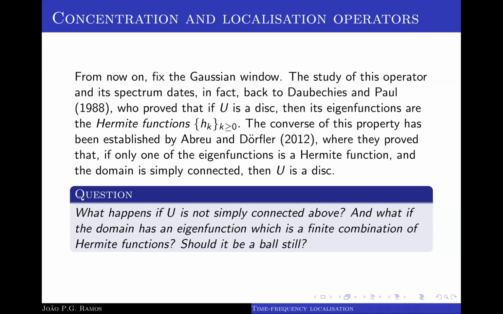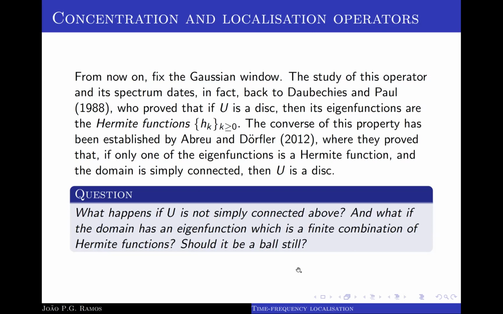So if I give you, I don't know, a Gaussian plus epsilon times the first Hermite function, can I find a domain that has this as an eigenfunction of its time frequency localization operator?